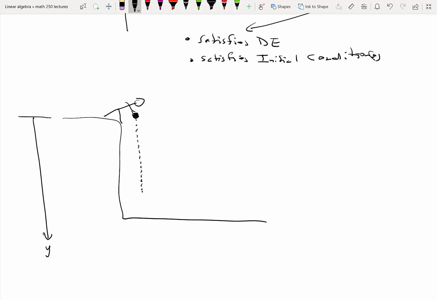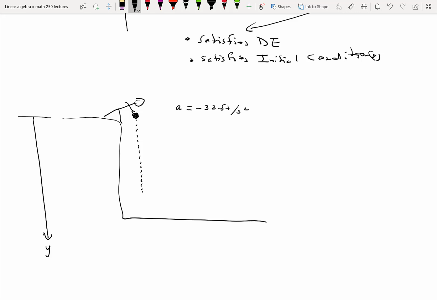That height of the ball as a function of time is approximated very well by a solution to a differential equation. The acceleration due to gravity is a constant, let's say negative 32 feet per square second. It's a given gravitational constant, as long as you're close to the surface of the Earth.